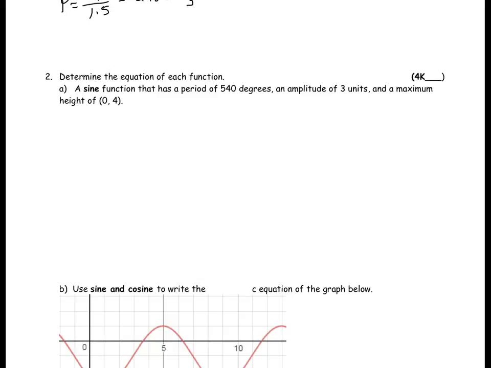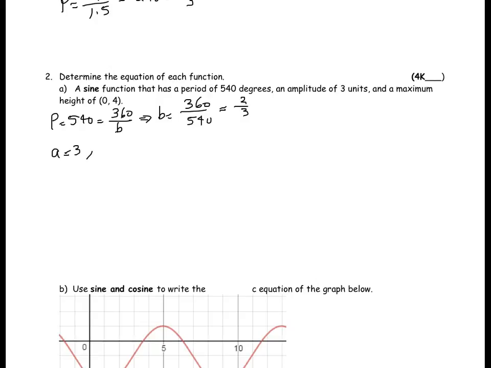First of all, from this information, I know that the period is 540, which is 360 divided by b. So from here, b is 360 over 540. If you simplify this one, you get 2 over 3. Also, I know the amplitude is equal to 3.